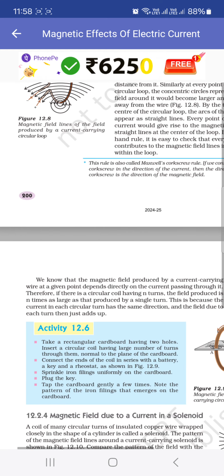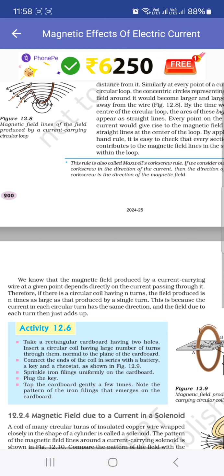We know the magnetic field produced by a current carrying wire at a given point depends directly on the current passing through it. Therefore, if there is a circular coil having n turns, the field produced is n times as large as that produced by a single turn.